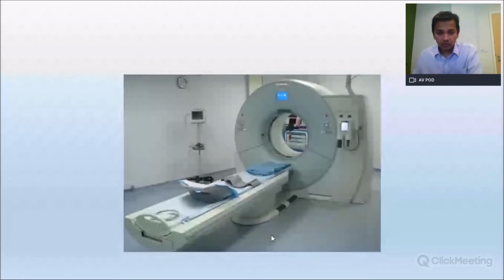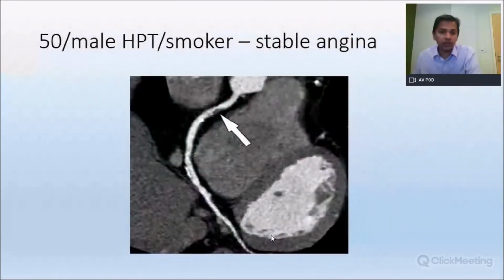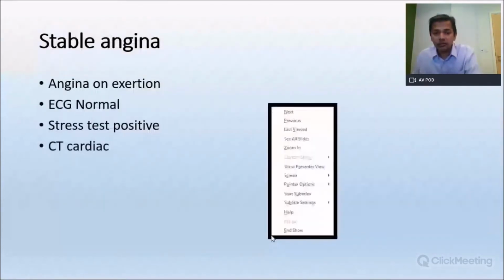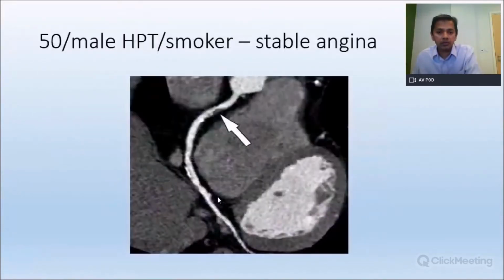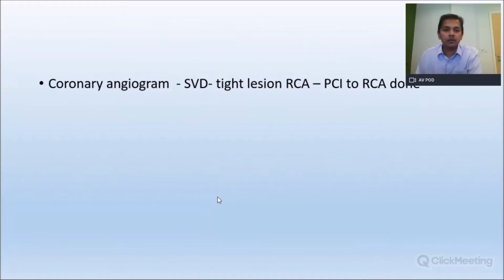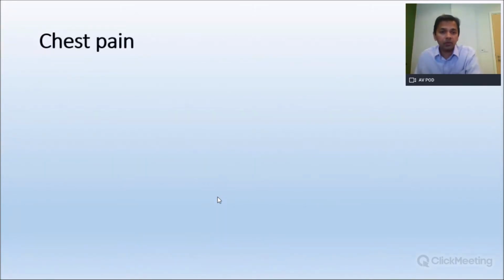Basically, it's something like an angiogram, but non-invasive. We give contrast and scan the patient, and this is how the picture looks. There's a tight lesion in one of the vessels. So we did the angiogram, and stenting was done.